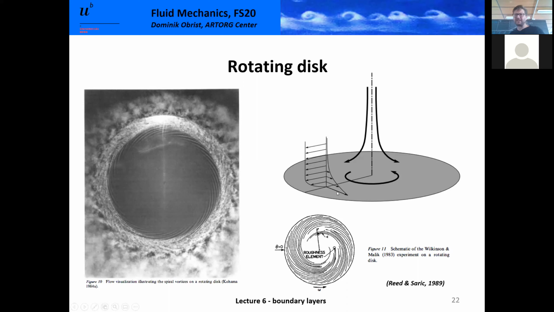Because the fluid has no slip on the disc, and the disc is moving, the fluid will move in tangential direction with the speed of the spinning disc, and this velocity will decrease as we go away from the disc. So we have two separate effects, one going in azimuthal direction and one going in radial direction.